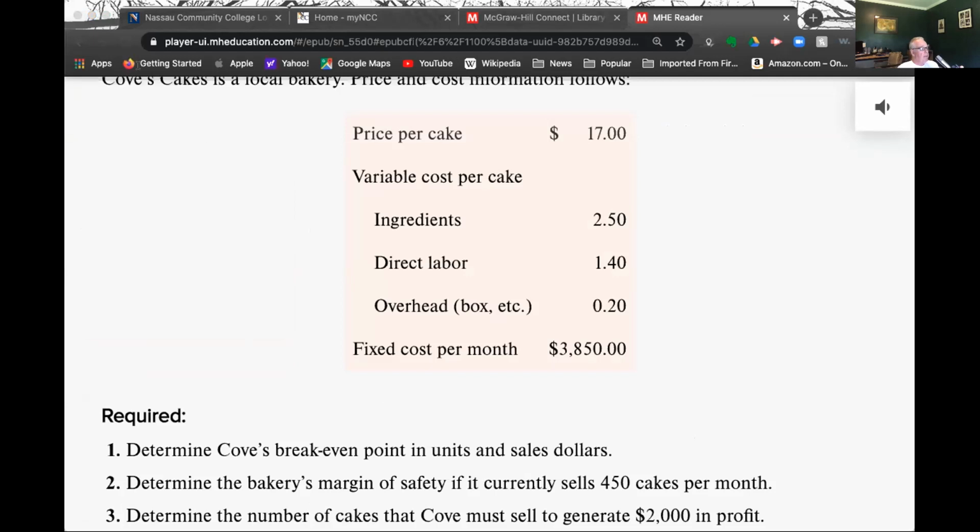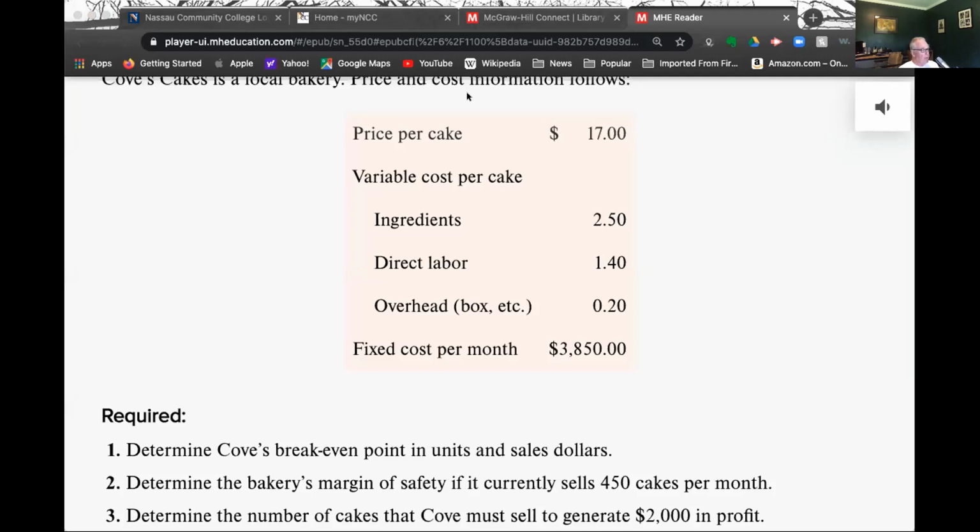And to calculate the break-even point, we need to figure out what the contribution margin is. So if we take the selling price of a cake, which is $17, and the variable cost, remember we had to add those three things together: ingredients, direct labor, and overhead, right?